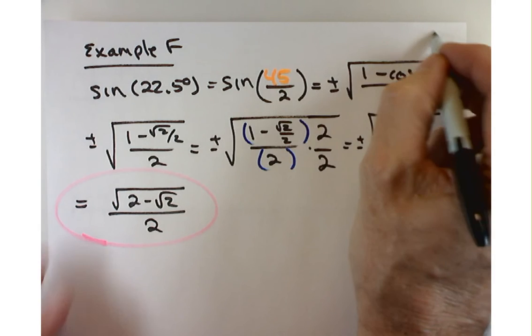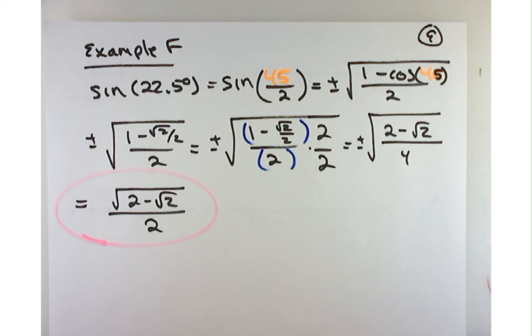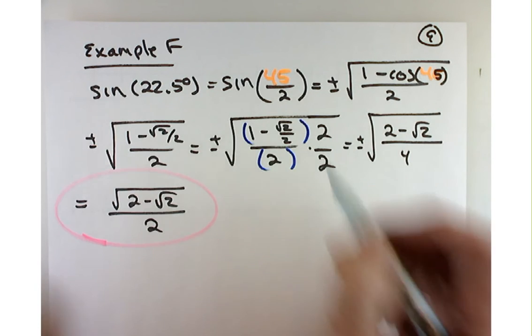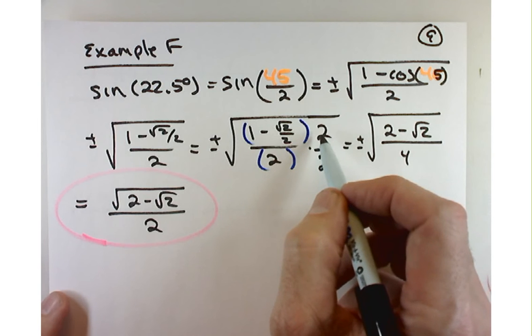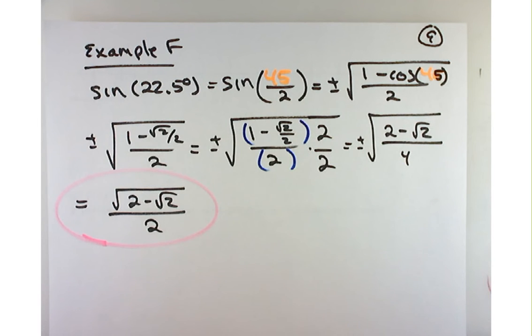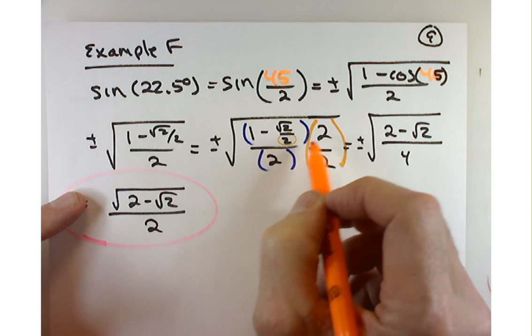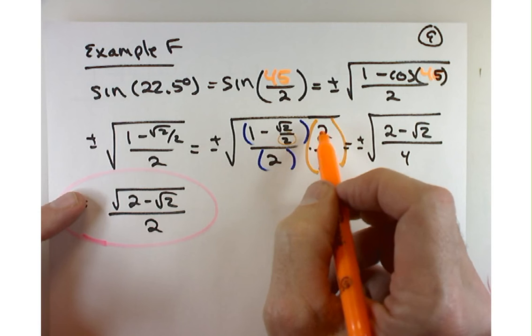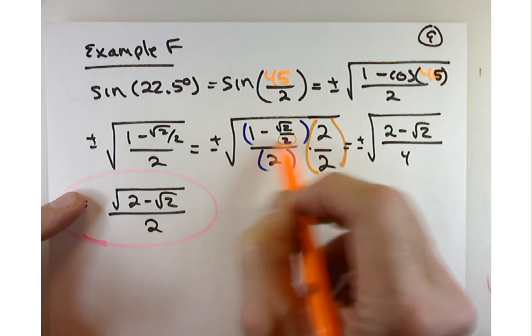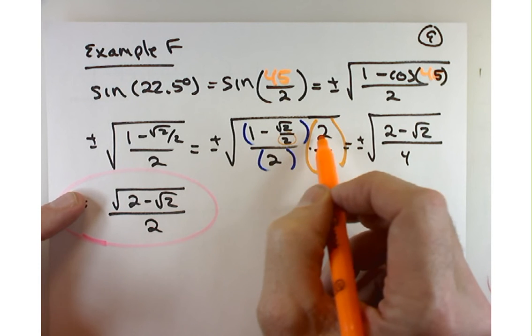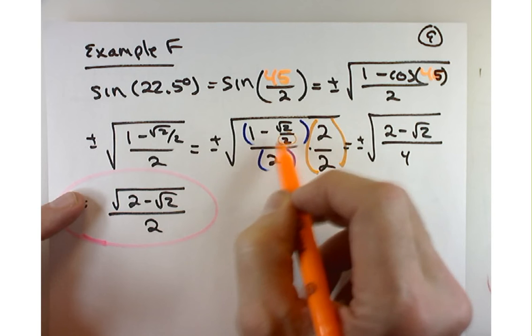How did you know to multiply or distribute a 2 to the numerator and denominator? That's just some algebra. It's an algebra trick. Essentially what you're doing here is multiplying by 1. But whatever this denominator is, if you multiply by the lowest common denominator of these secondary fractions, you can cancel out that little denominator.